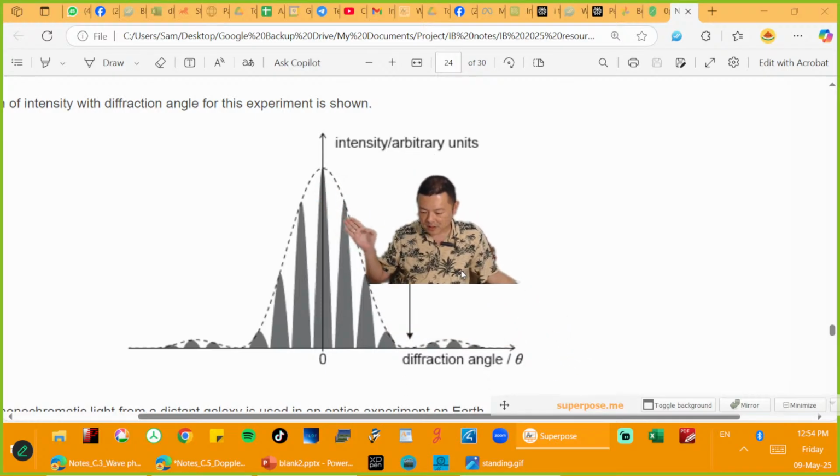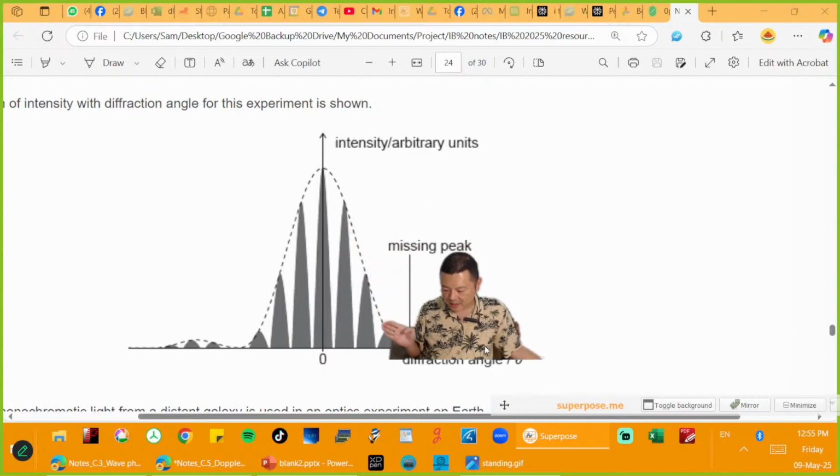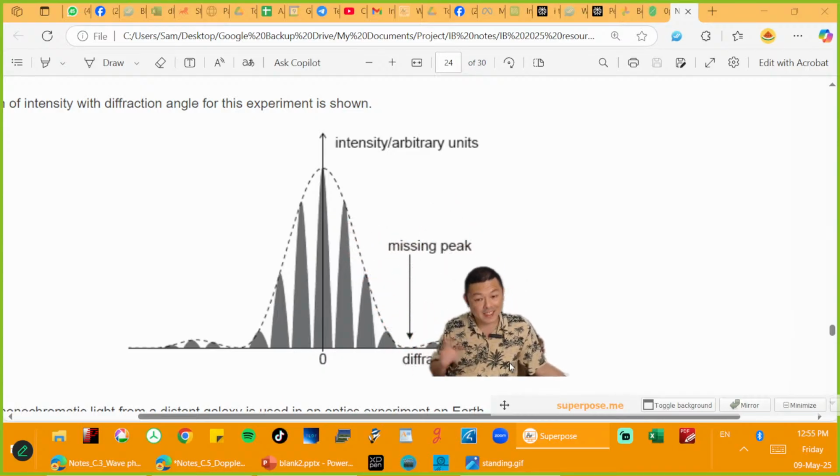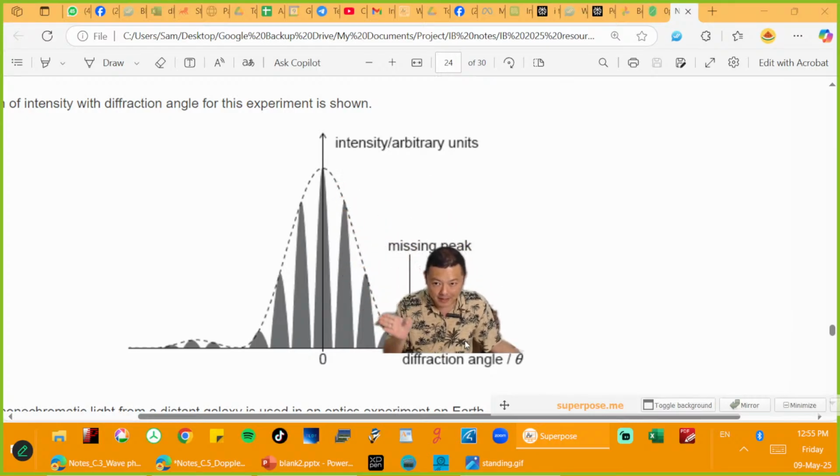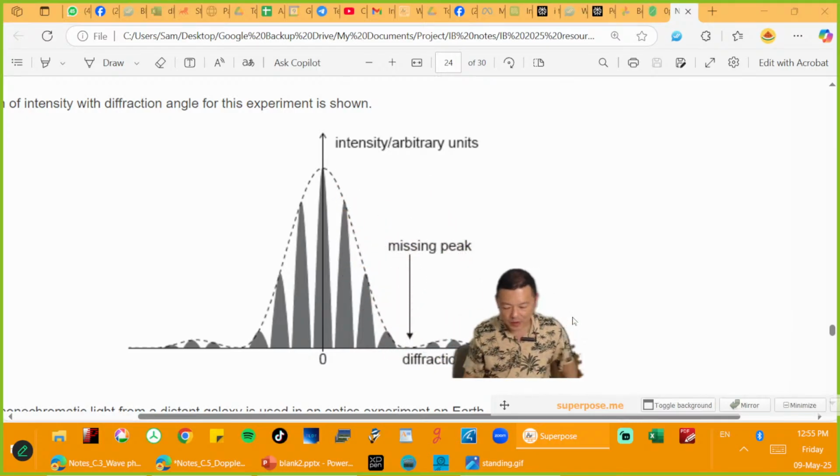This is 0, this is 1, this is 2, this is 3. The fourth peak is missing. It's the same idea. The fourth peak of the double slit should be there, but it's not there. So the minima of the single slit pattern has coincided with the fourth maxima of the double slit.